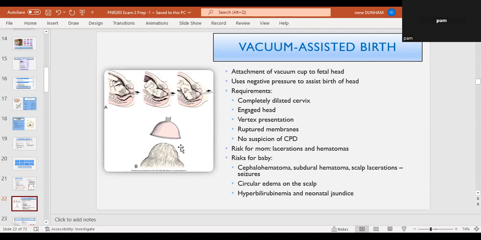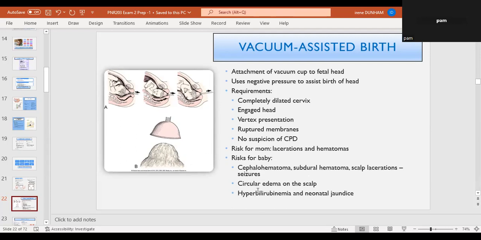Now, the risks for babies: we talked about the cephalhematoma and subdural hematomas, which is never good. And then you have scalp lacerations, and I hate to tell you, but if you don't do this right, you can cause a seizure in a baby. So we've got to be very careful. You can see the circular edema on the scalp. You can have septal hematoma, which is never nice.